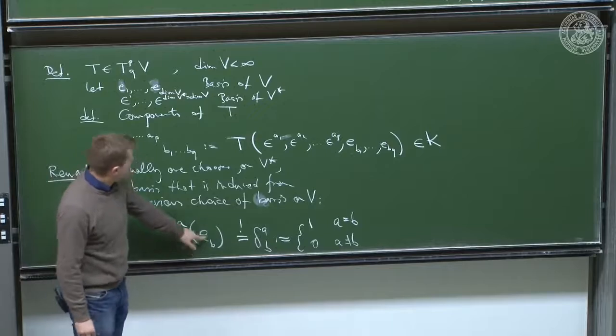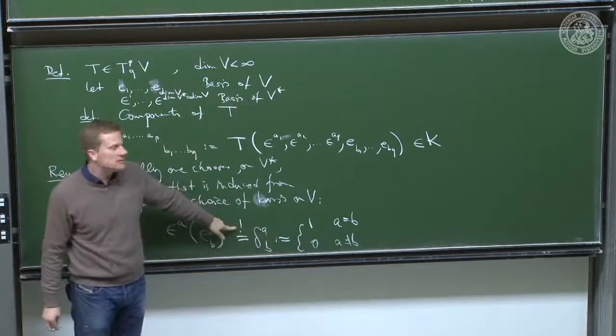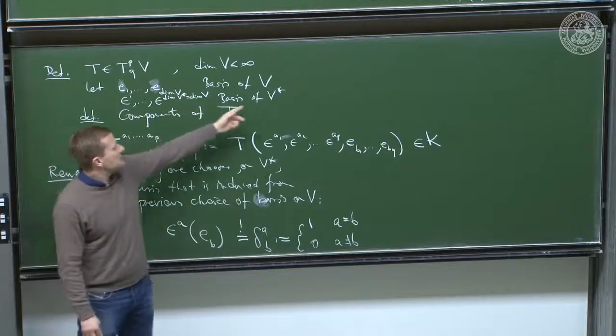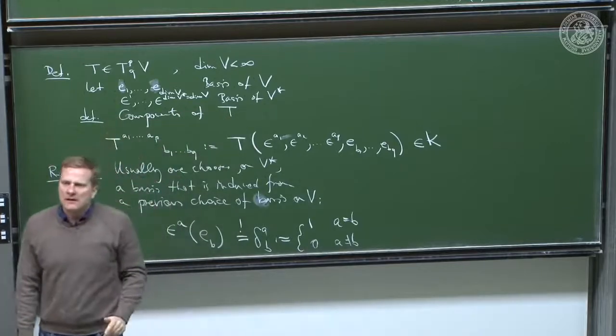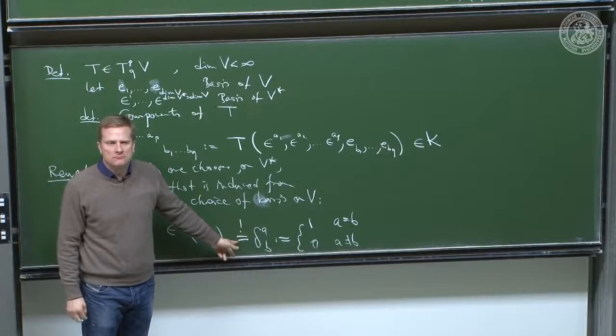So for every choice of basis on V, if you impose this additional condition, you get a unique basis on V star.